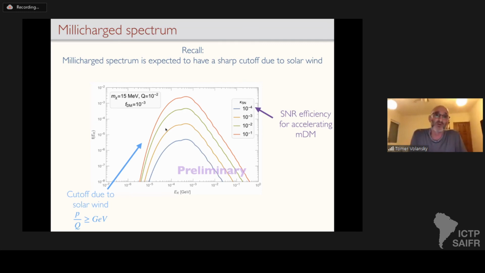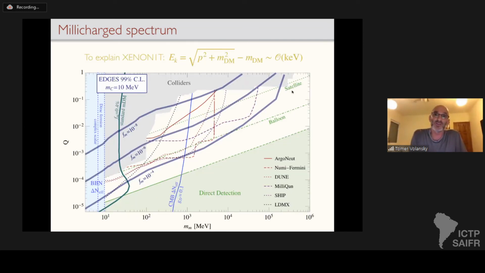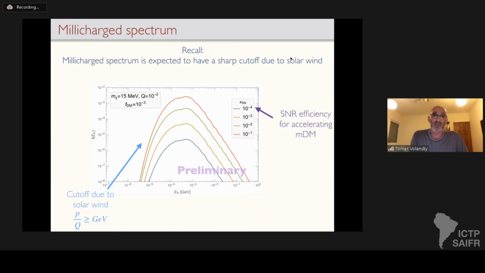So if you want to look at this plot again of the edges, and this is the milli-charged dark matter scenario, in order to explain XENON1T, you need the kinetic energy to be around a keV, and you need the momentum, so the rigidity, the momentum over the charge, to be larger than a GeV. Otherwise, you don't penetrate the solar wind, the sun.